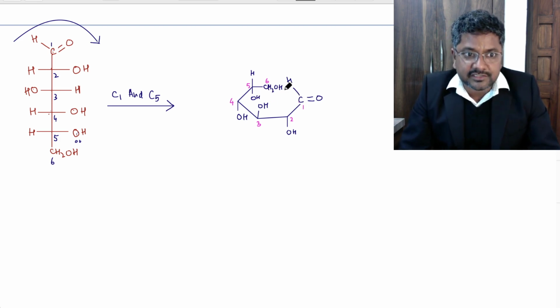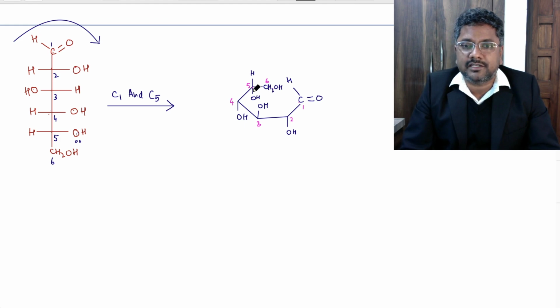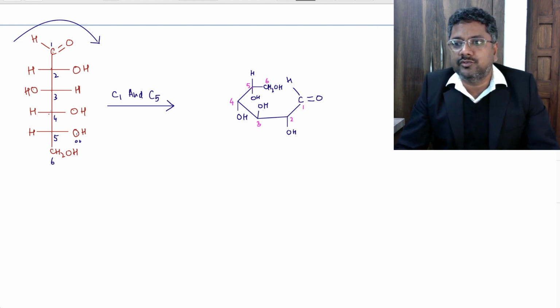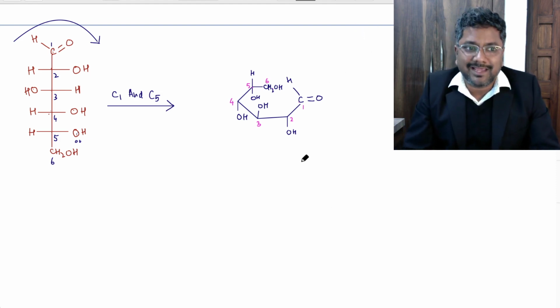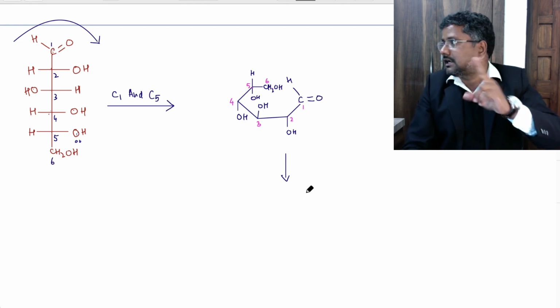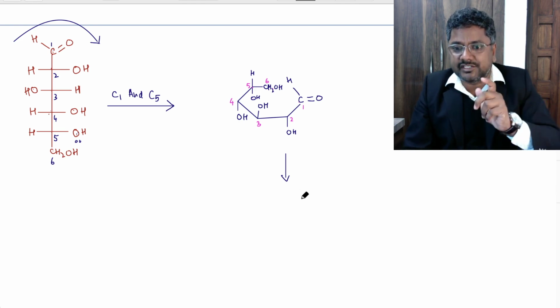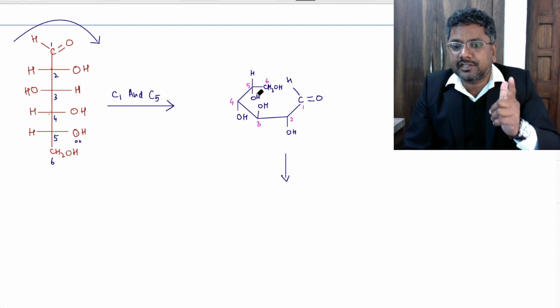So since it is a stereogenic carbon, if you directly change this OH and this CH2OH, the structure will change, the configuration of this carbon will change. So you have to be extra careful that the configuration of this carbon should not change. What I have told you in the stereochemistry, in the R and S nomenclature, is that at any stereogenic carbon, if you make 2 changes, then the configuration remains the same.